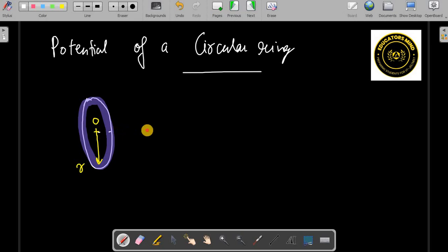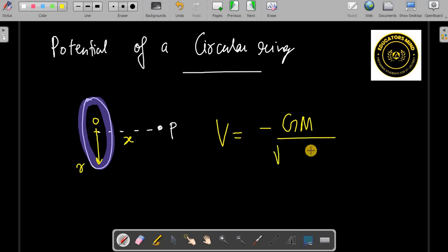And on this axis, you choose a point P, which is at a distance of x from here. Now we can calculate the potential at this point P as minus Gm by root under r square plus x square, which is nothing but this distance.